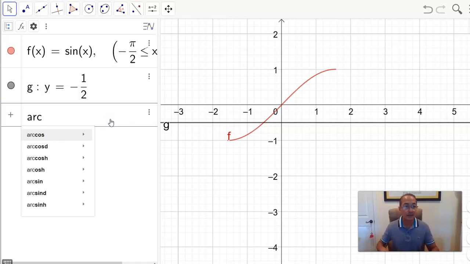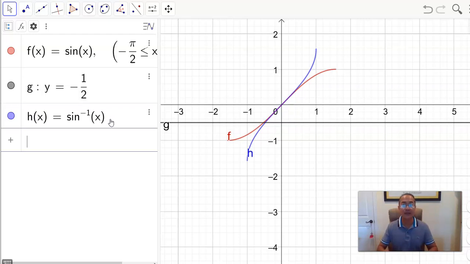There it is. There is arc sine. So arc sin of x. There it is. The roles of x and y are now exchanged. If sine of a equals b, then inverse sine of b is equal to a, right?